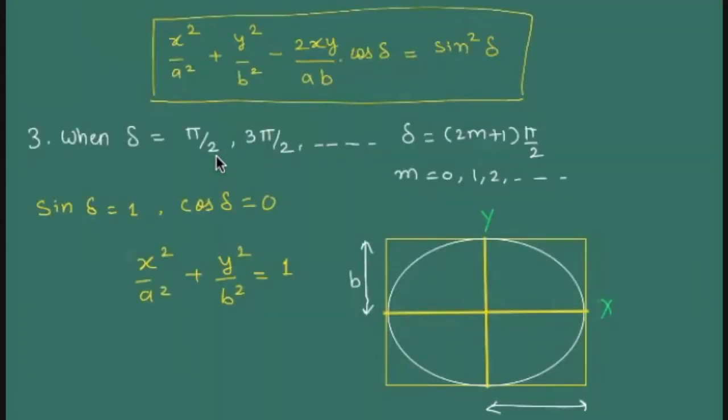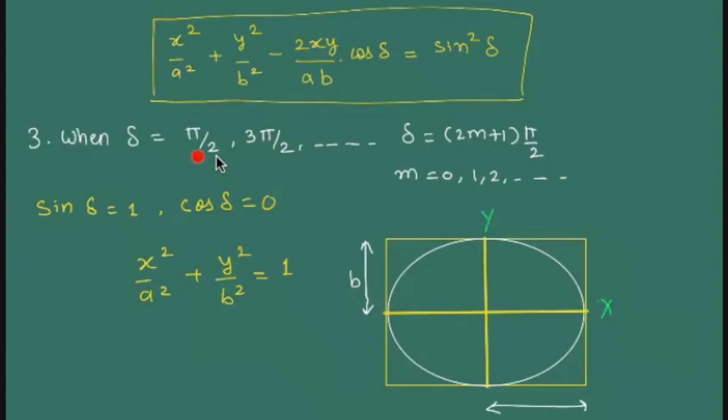Then, if theta is not equal to 45 but delta is still equal to pi by 2, your output will be elliptically polarized light.